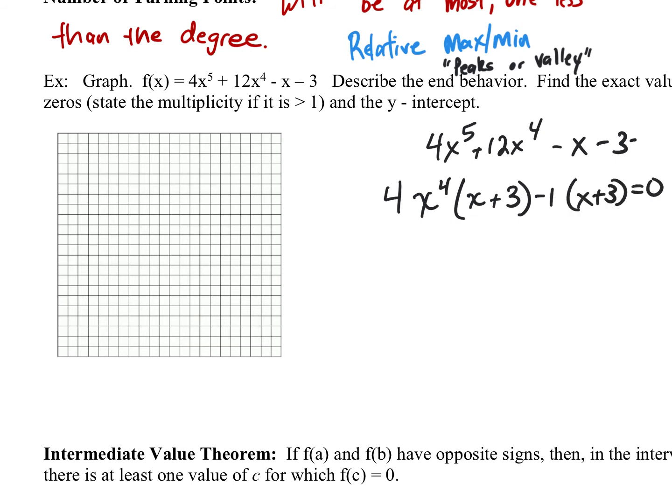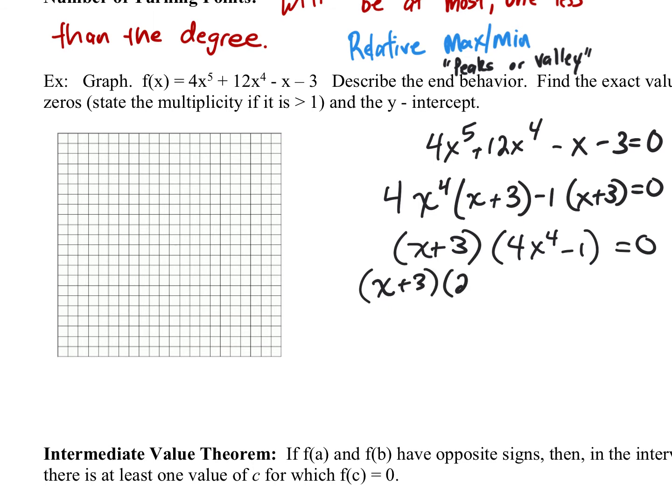Again, these are all set equal to 0. Once I factor out that x plus 3, I would be multiplying times 4x to the fourth minus 1. Now that is a difference of perfect squares, so we can write this in fully factored form as x plus 3 times 2x squared minus 1 times 2x squared plus 1, all equals 0.